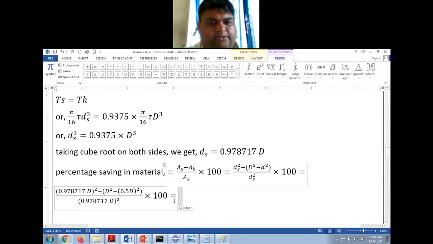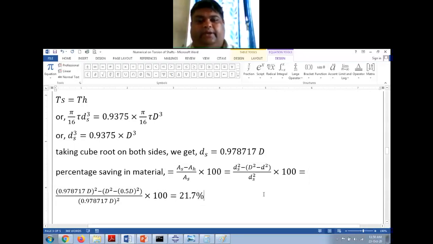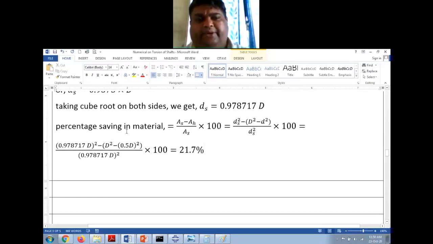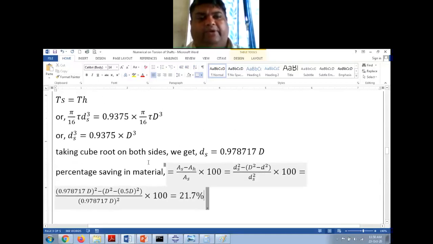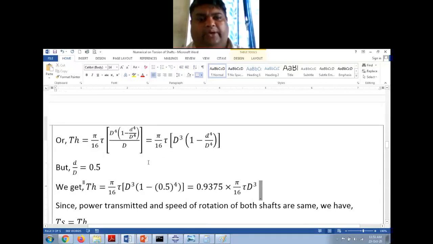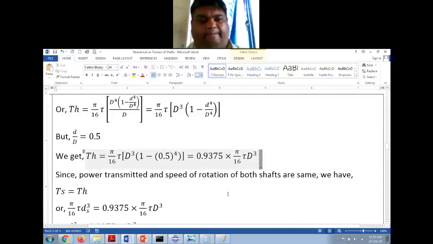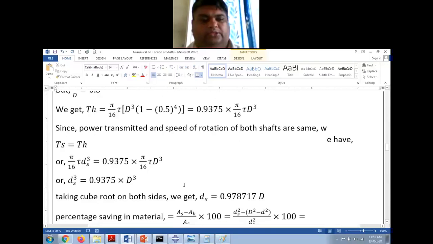Into 100 is equal to, so this is 21.7%, right? So the percentage saving in the material is 21.7%, if you replace a solid shaft with a hollow shaft, which is having outside to inside diameter ratio as 0.5. So this is the solution to this.